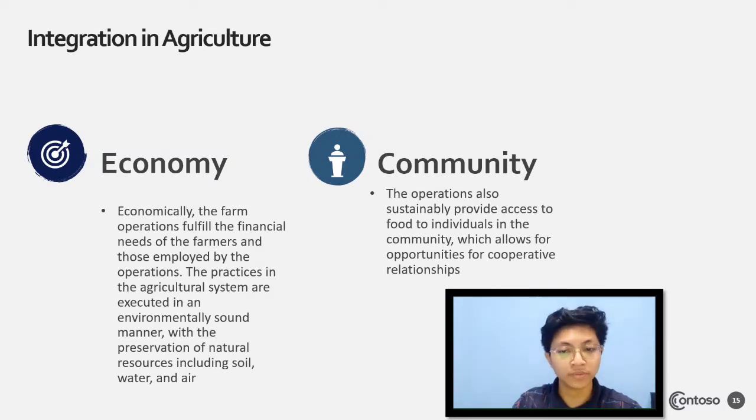The practices in the agriculture system are carried out in an environmentally sound manner, with the preservation of natural resources including soil, water, and air. Meanwhile, for the community, the operation also sustainably provides access to food to individuals in the community, which allows the opportunity of cooperative relationships.